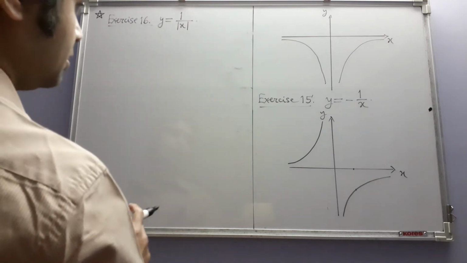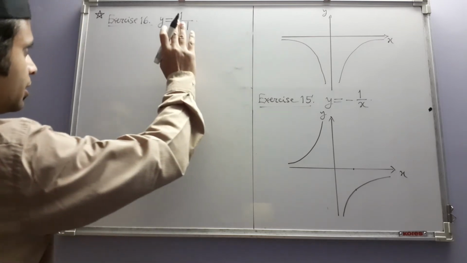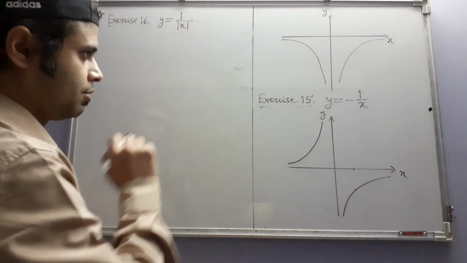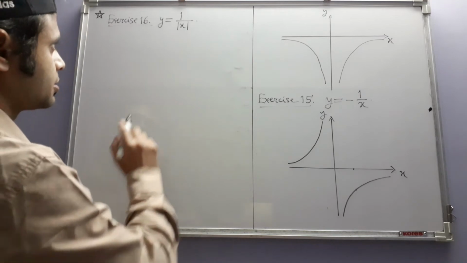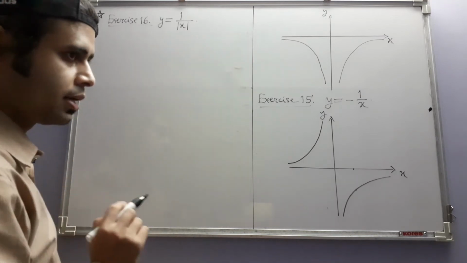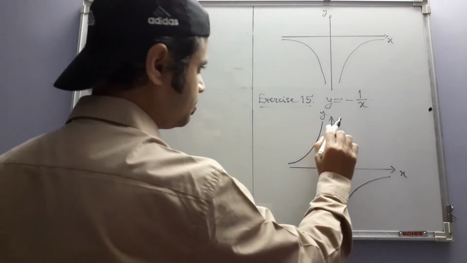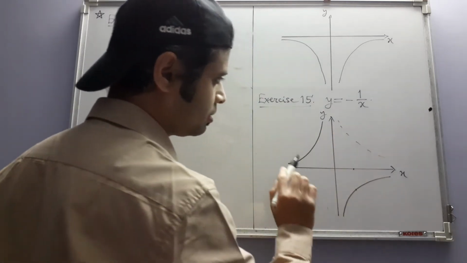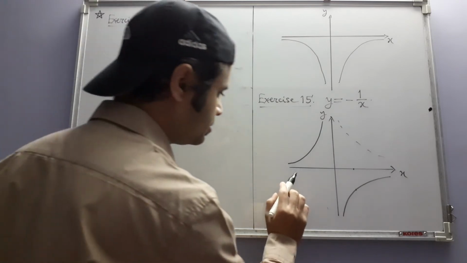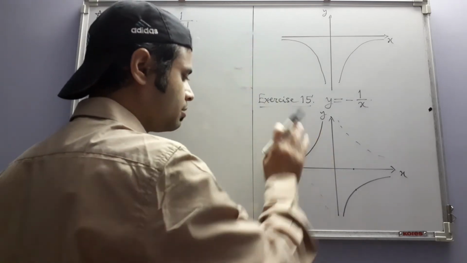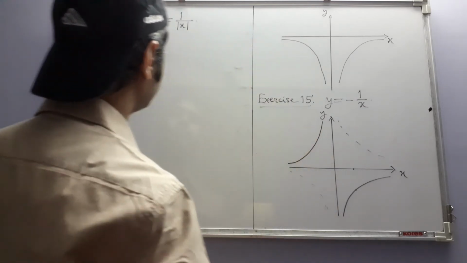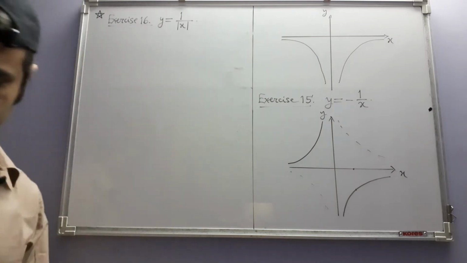This also can be figured out from the graph of 1 over x. In this case, even when x is negative, you will get positive values. So this part of course will stay just as it is. This part gets flipped. So here the graph looks like this.